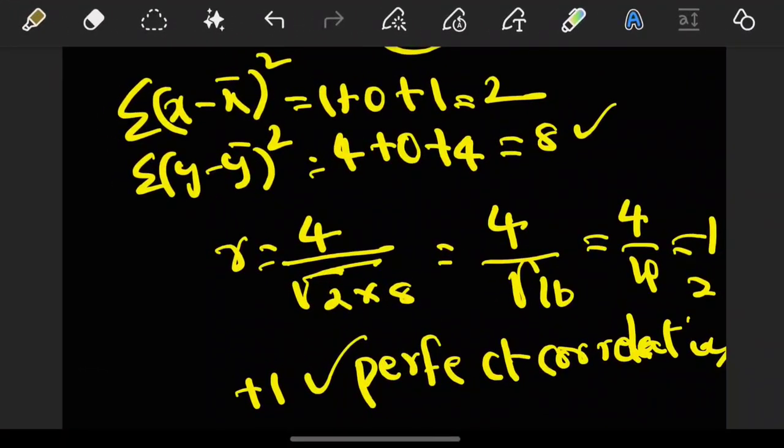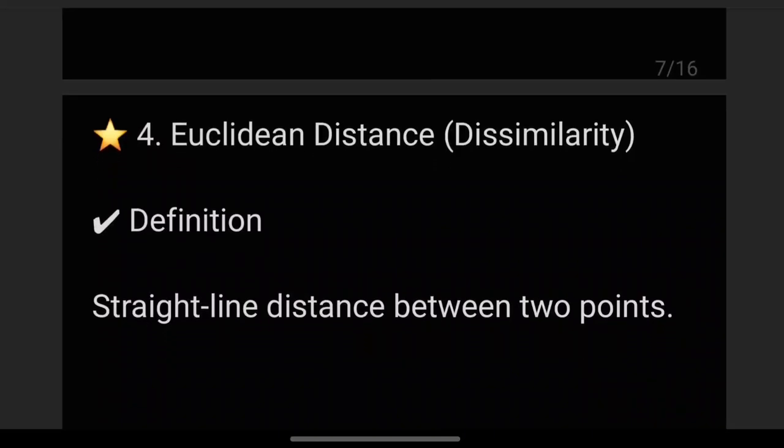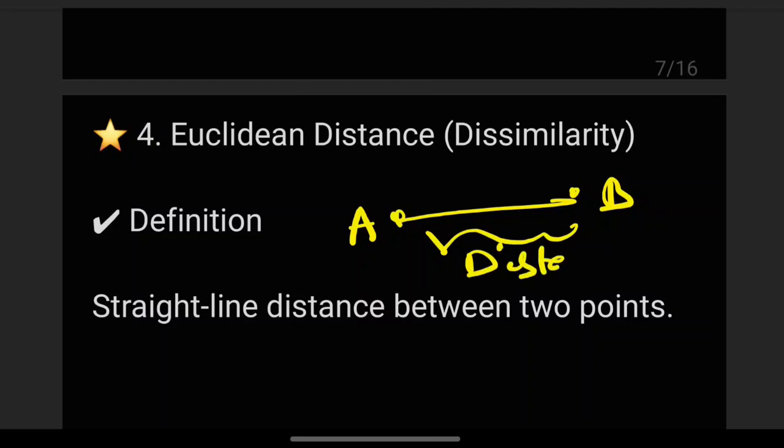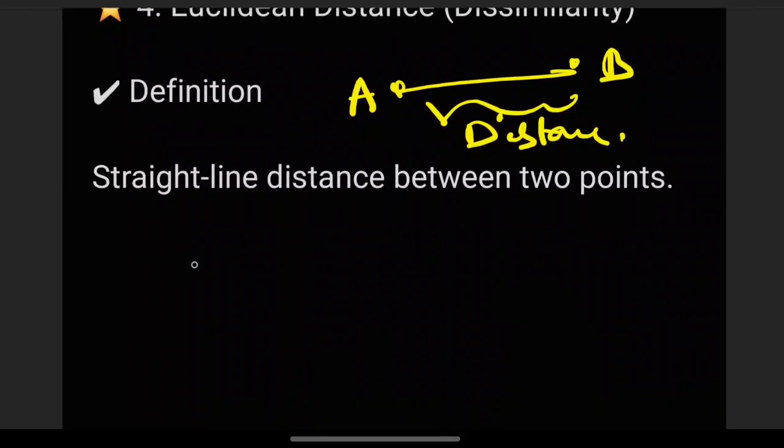Now moving on to the important topic, that is nothing but dissimilarity coefficients. Now there will be 2 points. So I need to compute the distance between 2 points. That is what Euclidean distance does. I think you people are already aware of that formula.